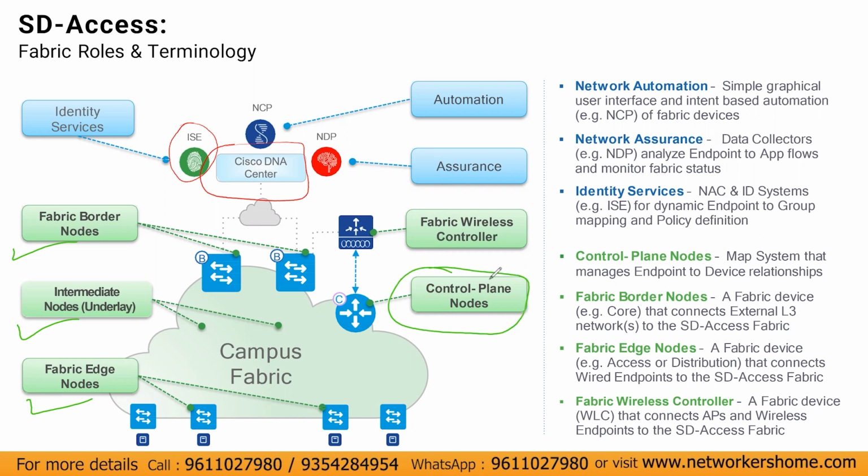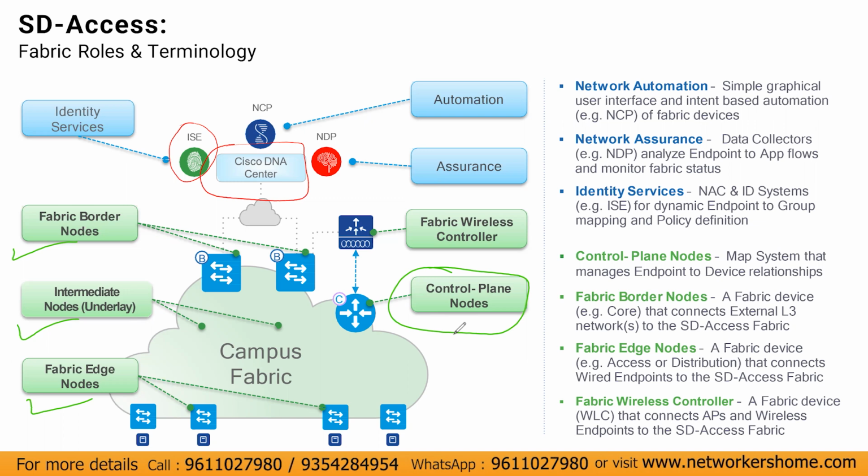Control plane nodes. Let me ask, can anyone answer this question so you have a better understanding? Where is the endpoint mapping, or what you can say, the ARP details or whatever you call it in the traditional network, stored? All this data is present on the core switch, right? The core L3 switch.